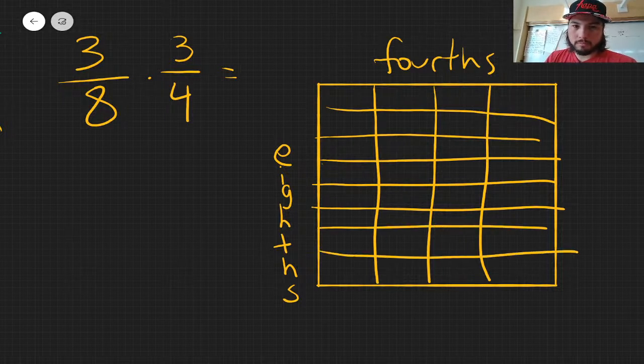Okay? So now we have how many pieces total? 4 times 8. We took our whole thing, our 1 by 1, and divided it up into 32 equal pieces. So our answer is going to be in 32nds.